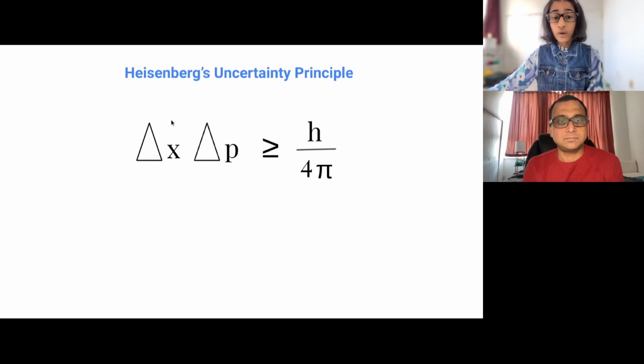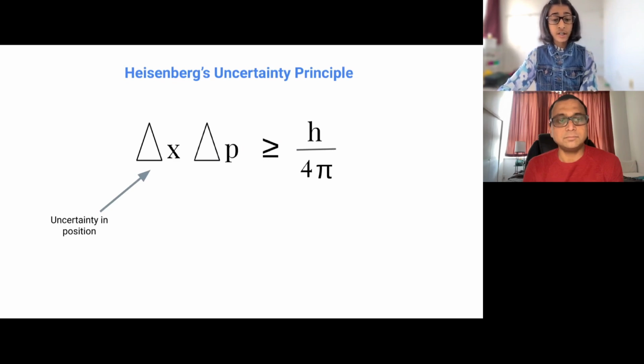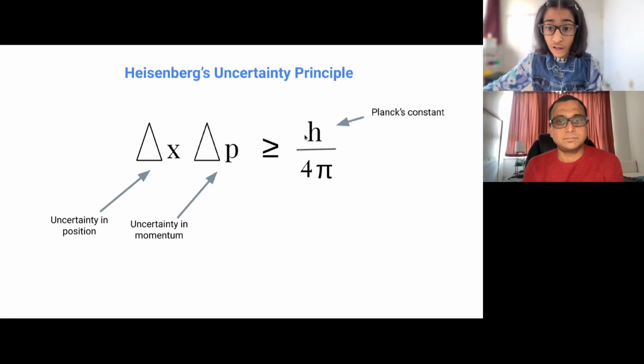So this is the equation for the Heisenberg's uncertainty principle. Delta x times delta p is greater than or equal to h by 4 pi. So delta x is the uncertainty in position, delta p is the uncertainty in momentum, and this h in h by 4 pi is Planck's constant.